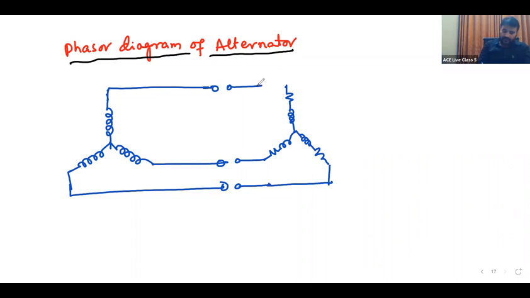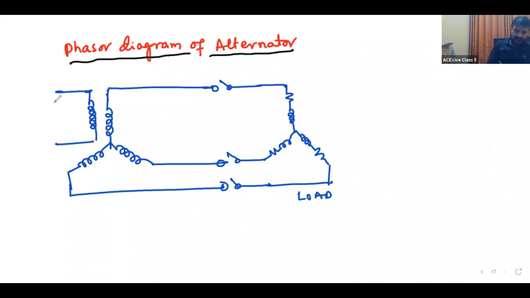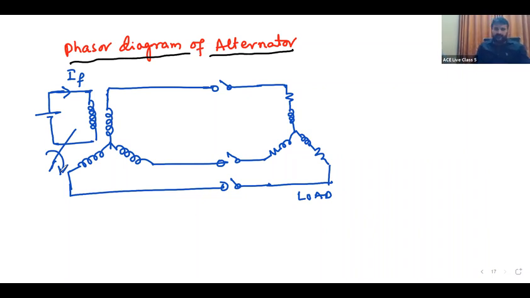This is the load, per phase load. Field current. We are rotating the field in the clockwise direction.